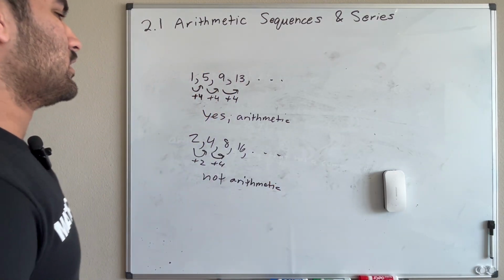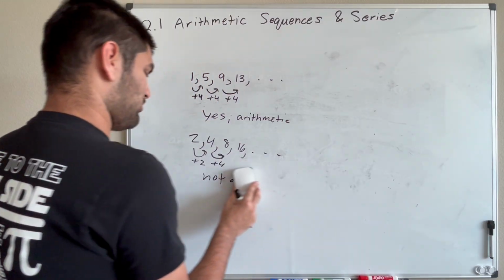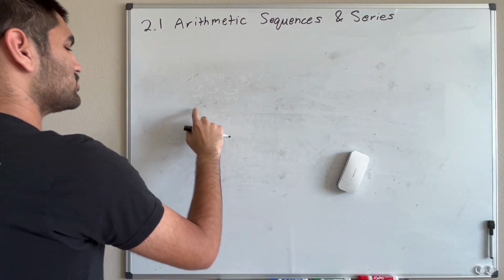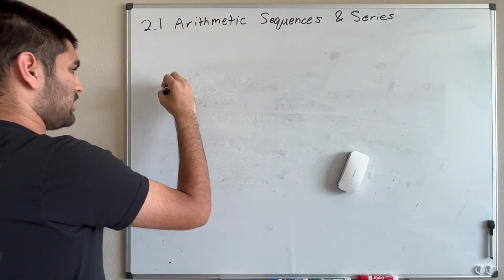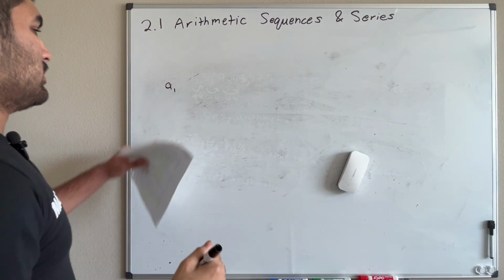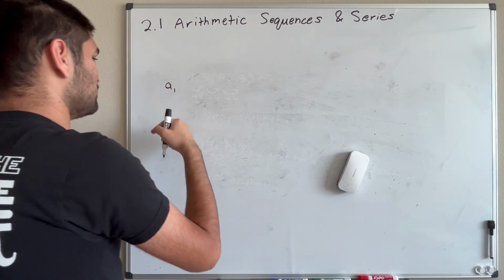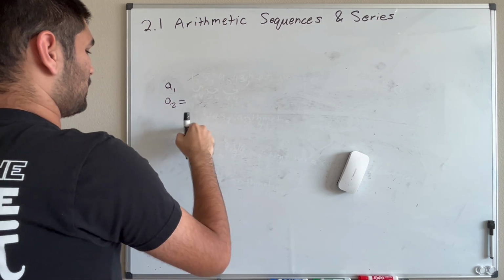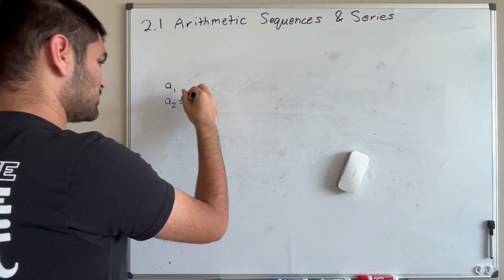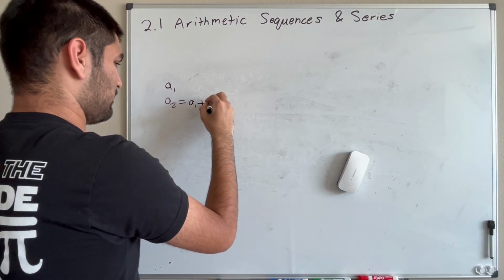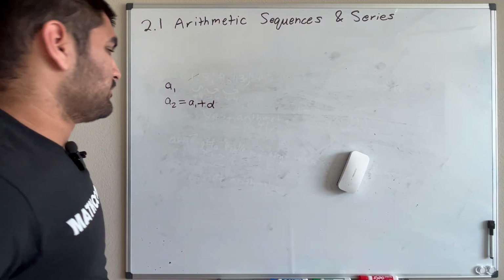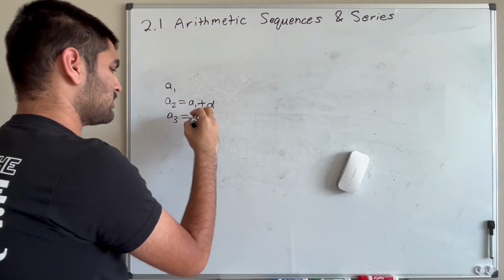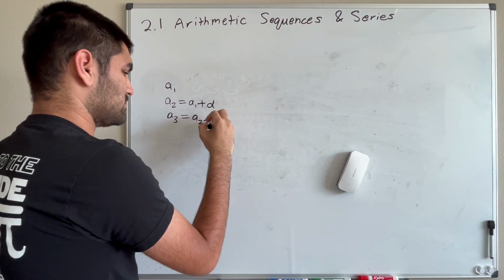All right. So now let's find the general term of an arithmetic sequence. The first term of a sequence we usually denote as a sub 1. So for an arithmetic sequence, our first term is a sub 1, and then our second term, a2, by the definition of an arithmetic sequence, is the previous term, the first term, plus the common difference, so plus d. Then similarly, a3 is the previous term, which is a2, plus the common difference.